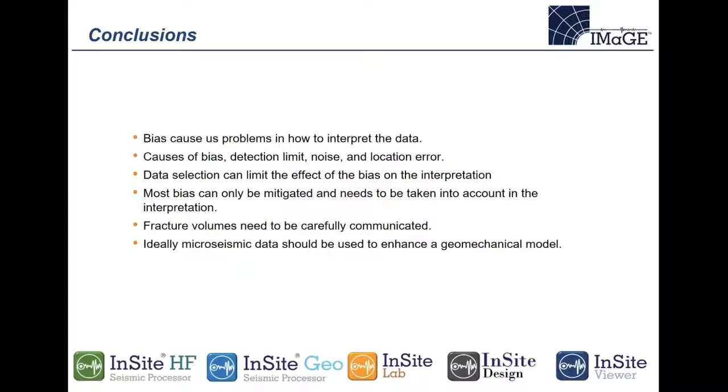But most biases can be mitigated by this, and they need to be taken into account in the interpretation of the variations in values. So these fracture volumes need to be carefully communicated, to make sure you understand the range. And so ideally, microseismic data should be used to enhance the geomechanical model. This way it can be used more robustly.